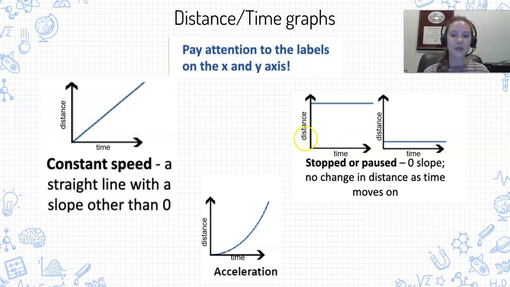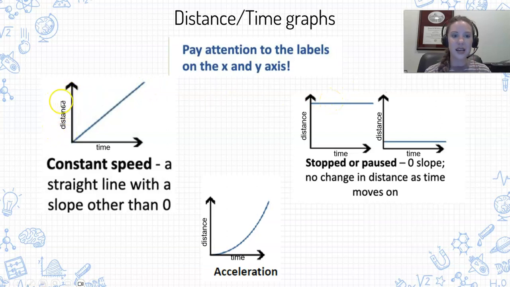If you think about the reference point as the zero on the x-axis, so this whole bottom line, you are getting away from the reference point, or getting closer to the reference point, but you see here on a flat line, that's not happening. So seconds are ticking by, but we're not getting closer or further. We must be stopped. So pay close attention to those labels when you're looking.